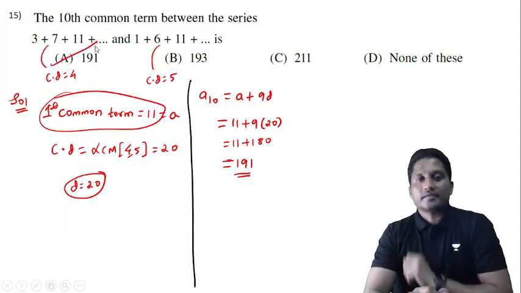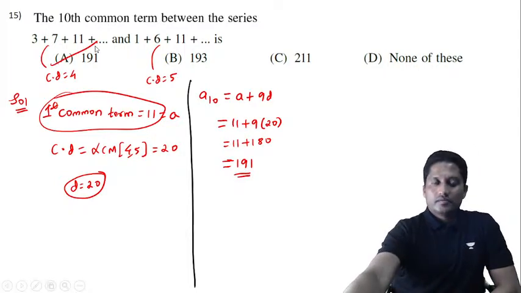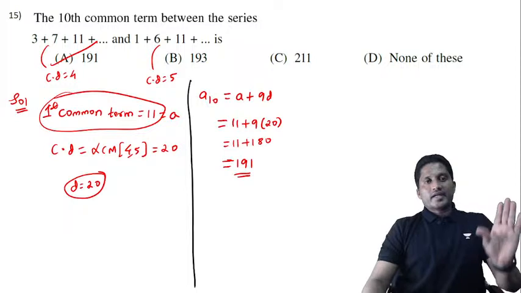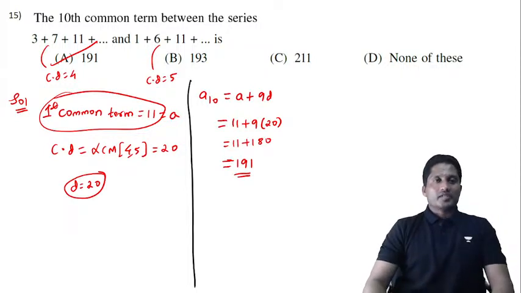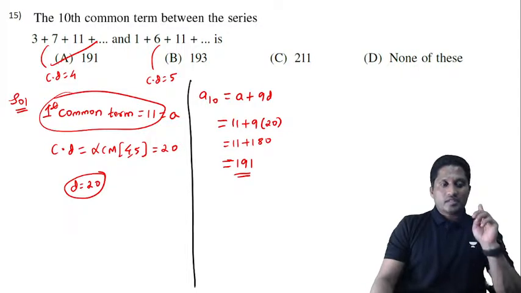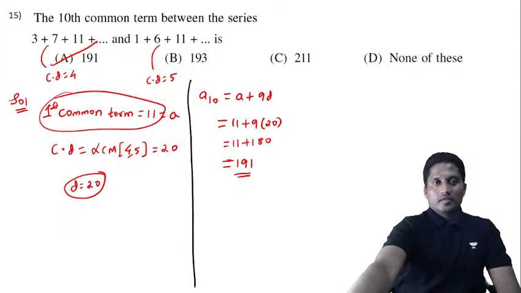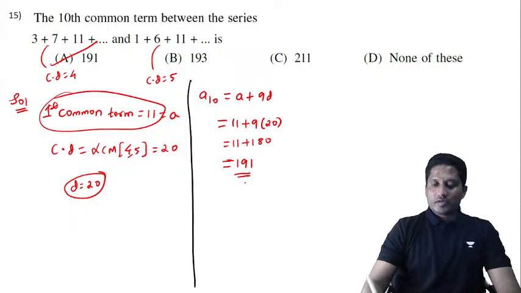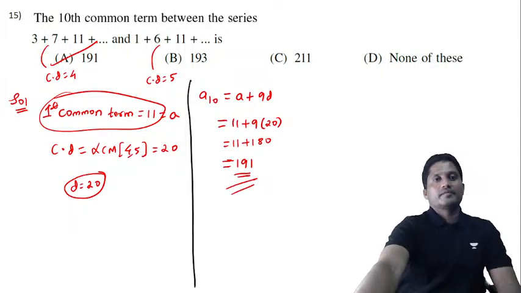Answer is option A. So no need to write the entire series and then find the common difference. Common difference will be the LCM of the first and second common differences, then you find the 10th term. The 10th common term will be equal to 191 only.